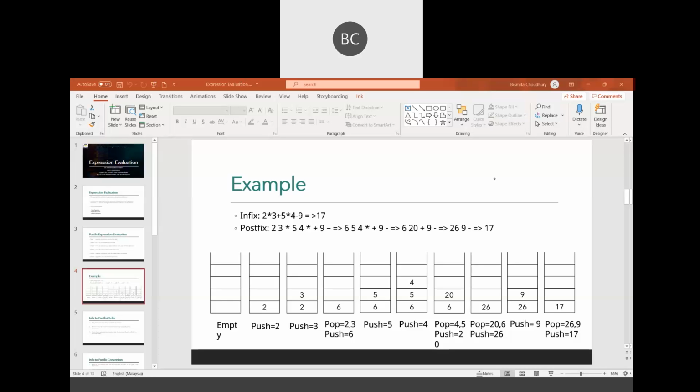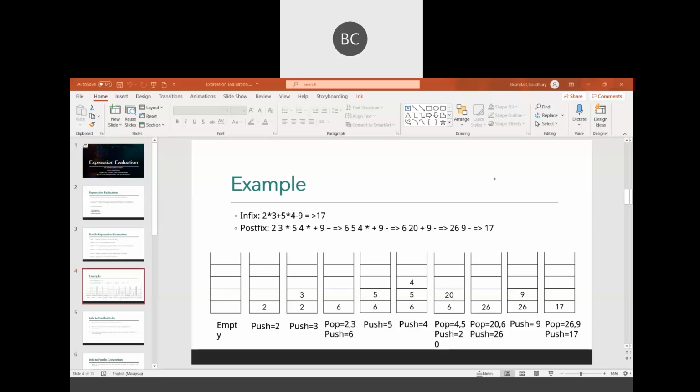So, for example, we have infix. Suppose an infix notation is given, for example, A plus B into C plus D. Sometimes the question comes as convert infix to prefix, or sometimes convert infix to postfix, or sometimes it comes as both.